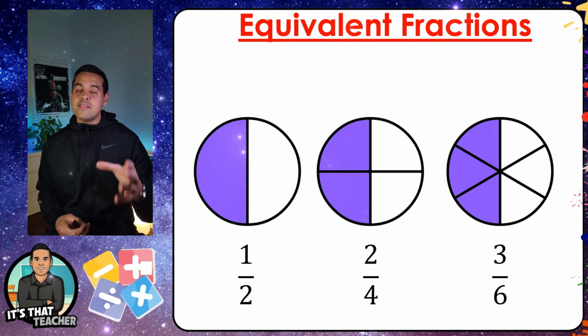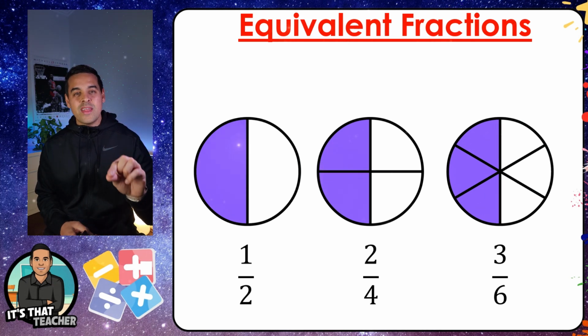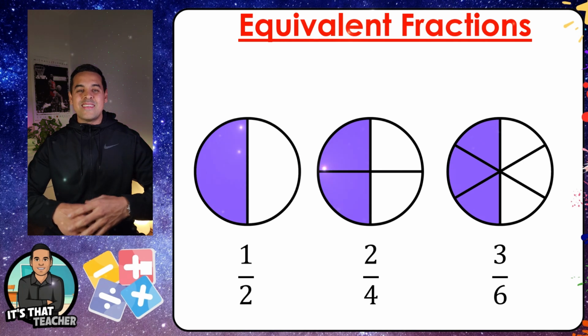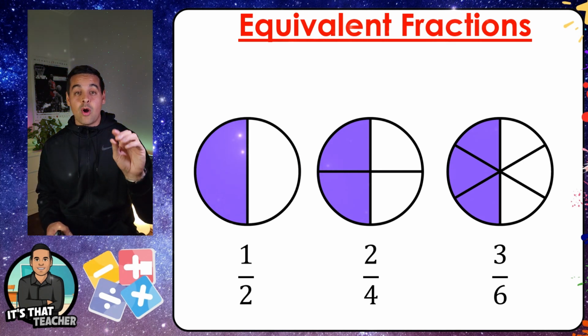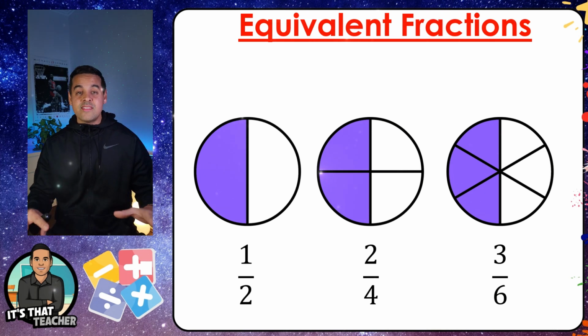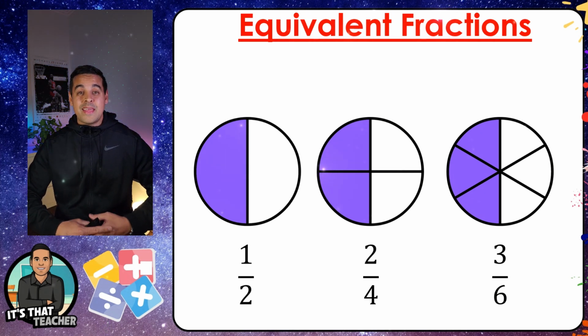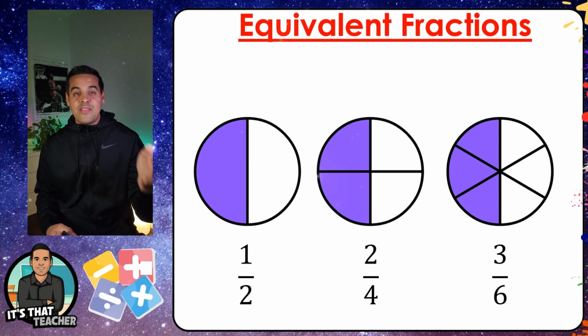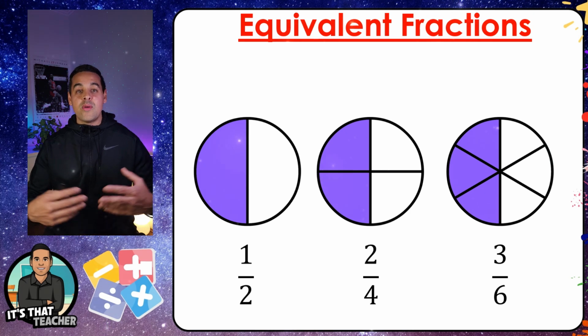Now, you can see that 1/2, 2 quarters, and 3/6 are all the same value by looking at the visual representation of the circle. You can see that no matter how many times this circle has been divided, these fractions are all the same. They eventually equal the same thing, making them equivalent fractions.